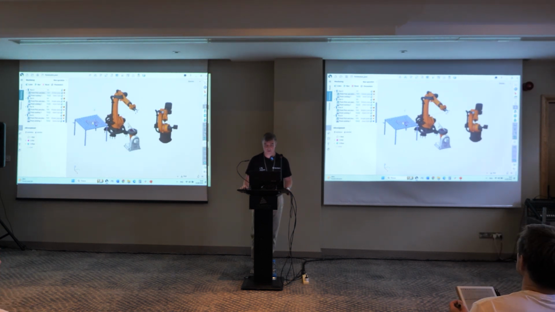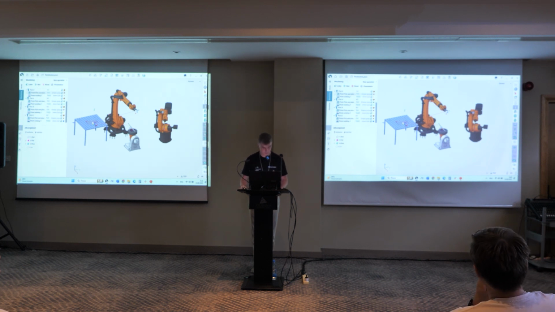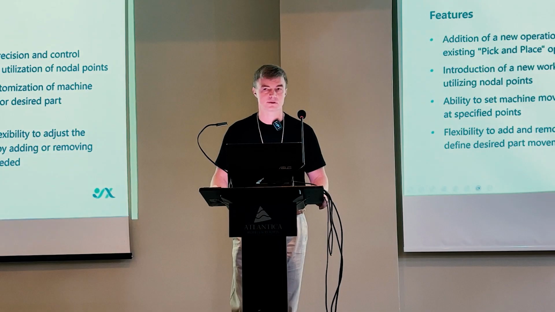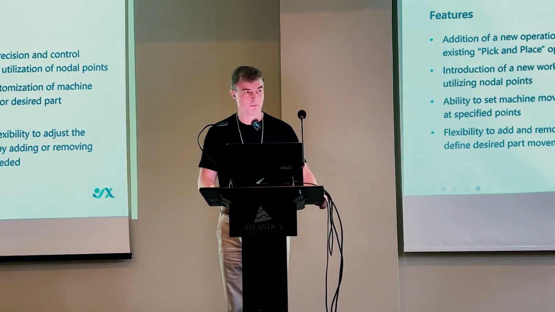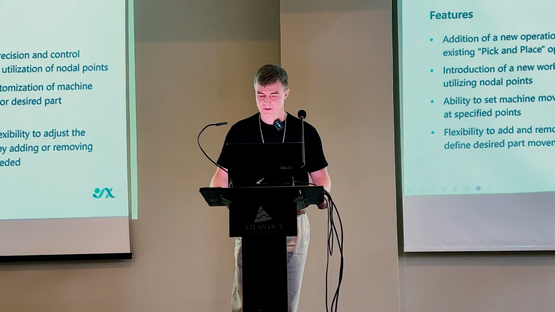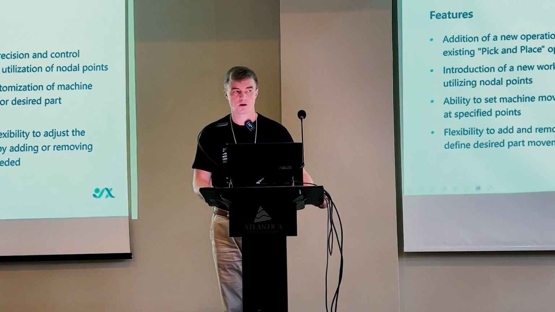That's about point, pick and place. And what is the main benefit of this operation? The main benefit is that we can create totally new kinds of projects. So right now we can create so-called assembly projects. It's not mechanical machining, it's assembly projects.